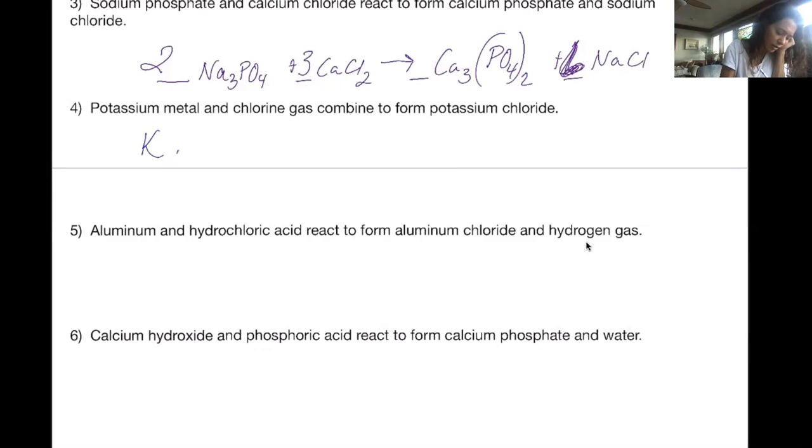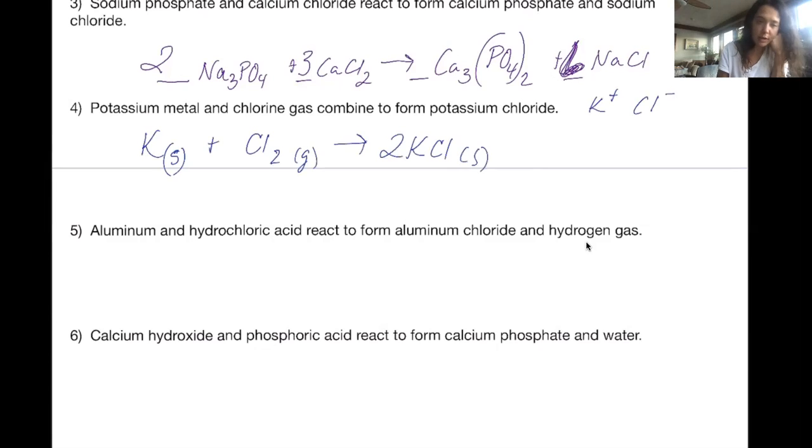No. Metal means solid. And chlorine, is it diatomic? Yes. Cl2, gas. Combine to form potassium chloride. Potassium is a 1, chloride is a 1, KCl, solid, because I know it's ionic. It'll be a solid. I need a 2 here. It's balanced.